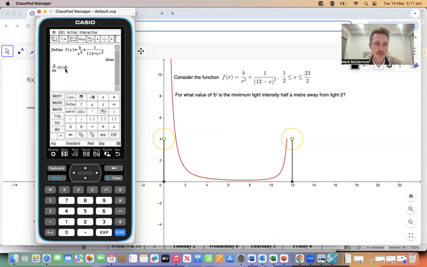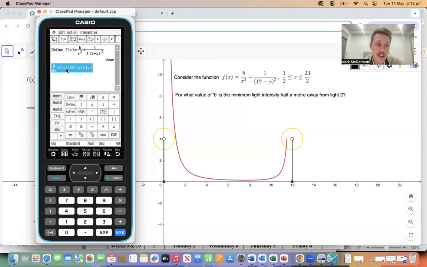We're going to take the derivative of f of x, which was our function that we defined. We need that to be 0 if it's a minimum, right? So we need to set it equal to 0 to find the minimum value, and then we want x to be equal to 11.5. So we want the x value when it's a minimum. So when the derivative is 0, that's a minimum, and we want the x value at that point to be 11.5.